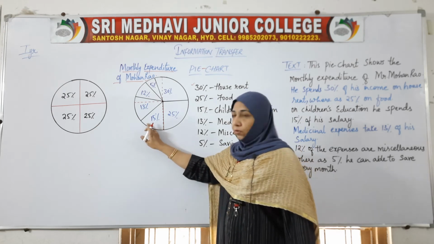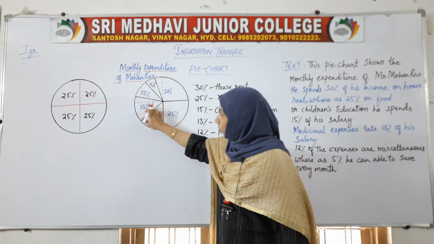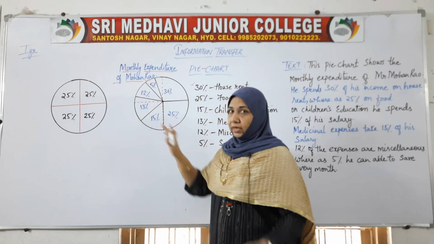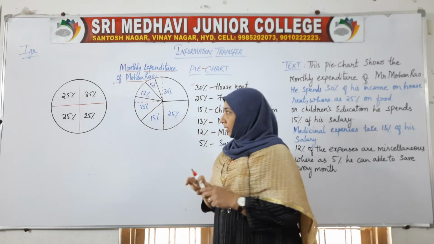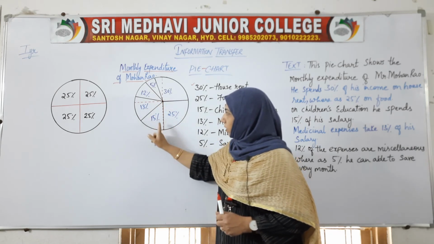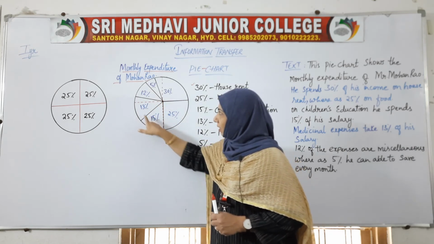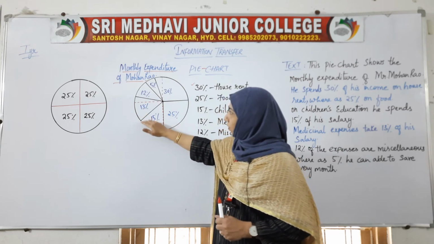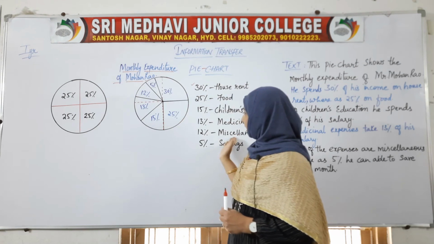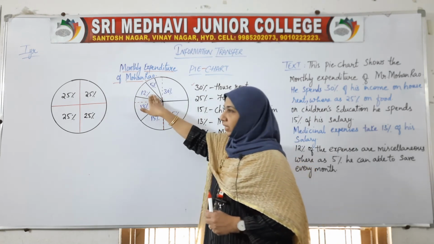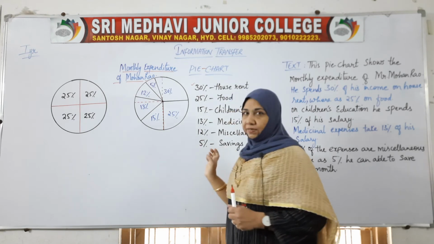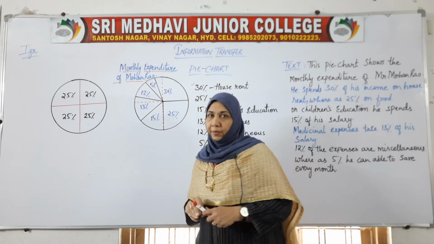We have only 25, so we have to increase this side a little bit to make it 28. Out of 25 we have taken 15%, then the 13%. Then miscellaneous is 12%, and the last is the savings at 5%.